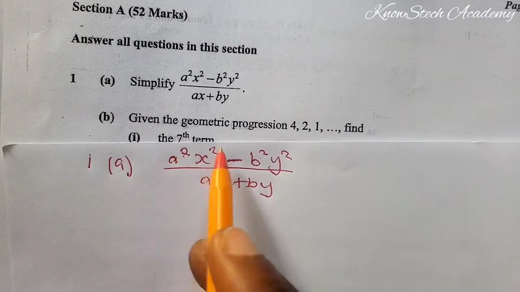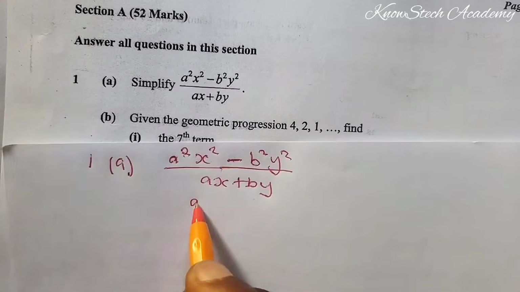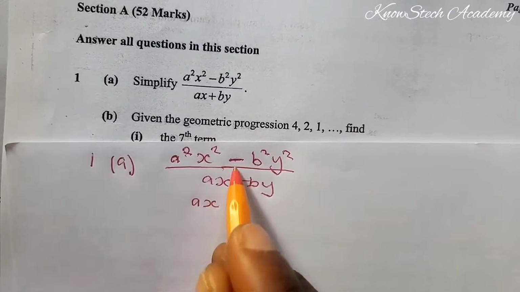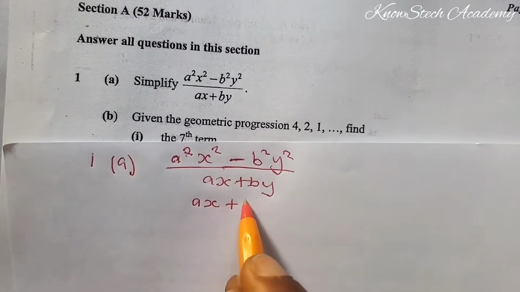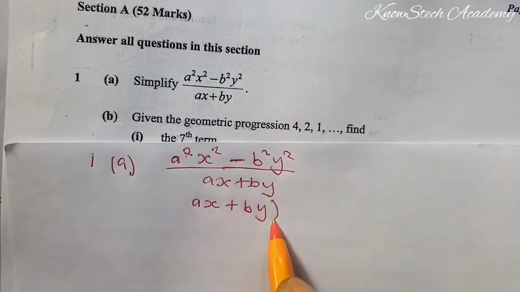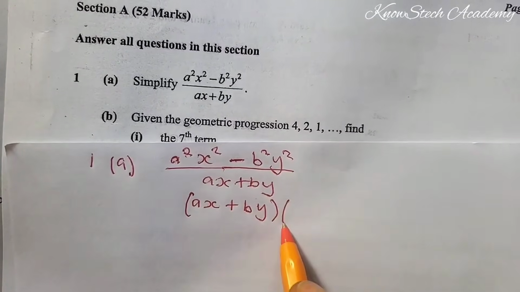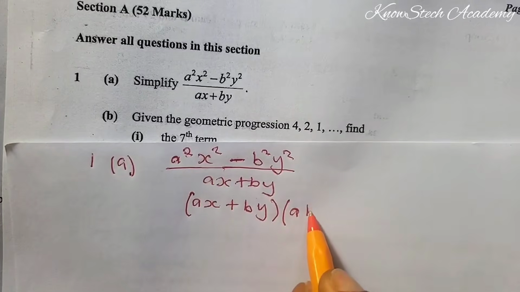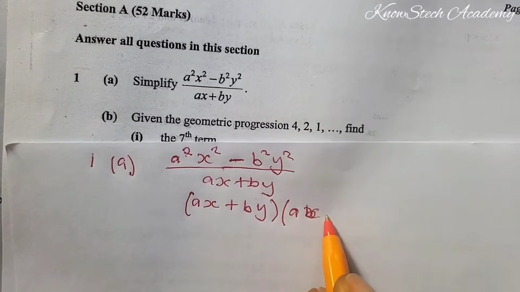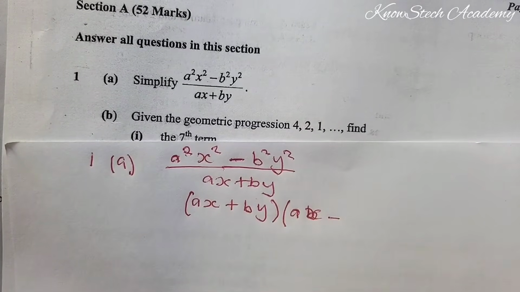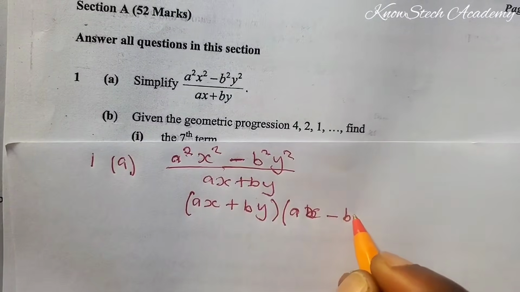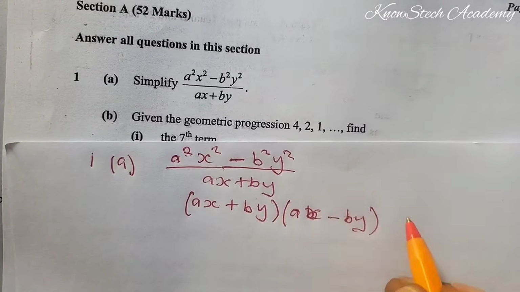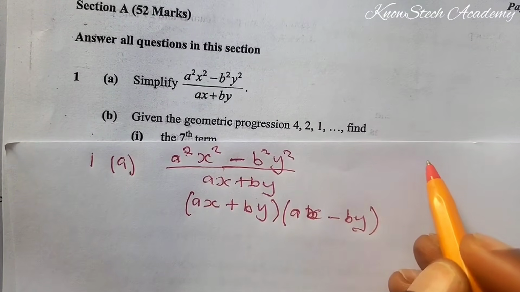This can be written as open bracket ax plus by, close bracket, open bracket ax minus by, close bracket.